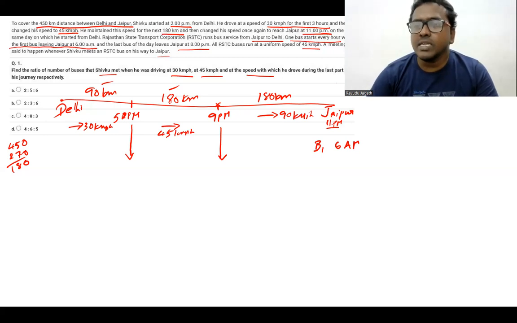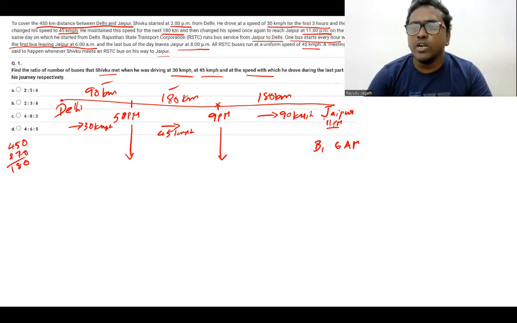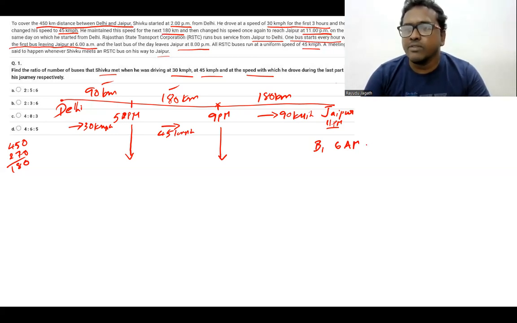All buses starting at Jaipur have a speed of 45 km per hour, so 450 by 45 is 10 hours it will take. So 6 a.m. to 4 p.m. will be the time taken by bus 1 to cover Jaipur to Delhi.